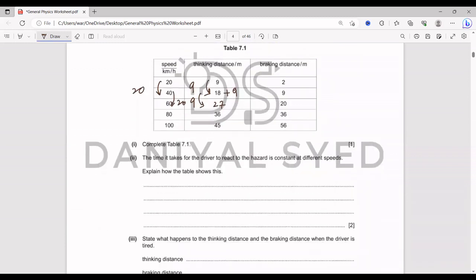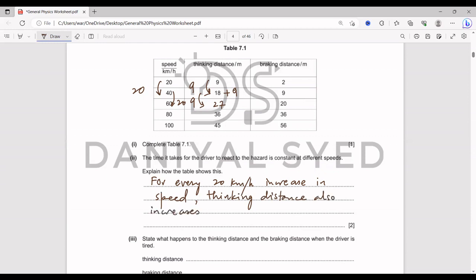So you have to write down: for every 20 kilometers per hour increase in speed, thinking distance also increases by 9 meter. You have to use table 7.1 to explain the answer.